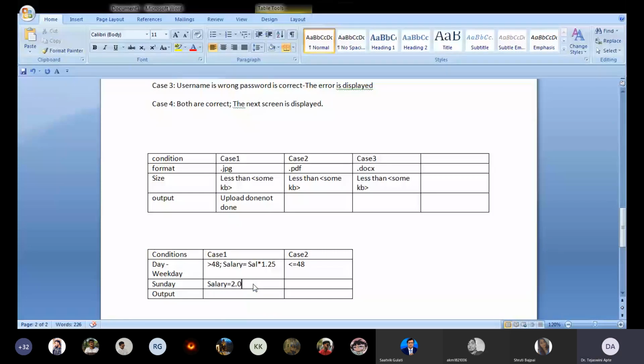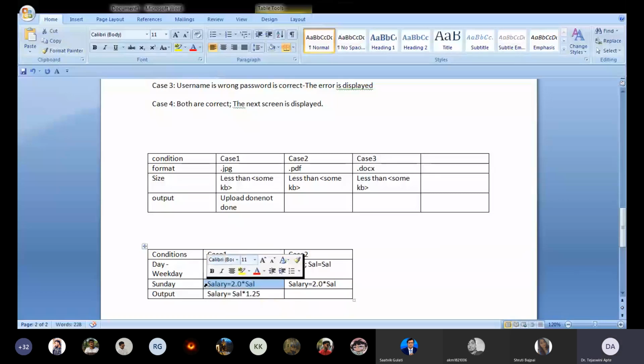So here it is going to be 2.0 into that. Here I can say sal equals salary. Here I can say salary equals 2.0 salary. You're getting my point here. So when you say, the output is going to be this for the weekday.